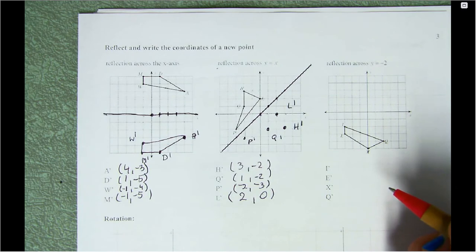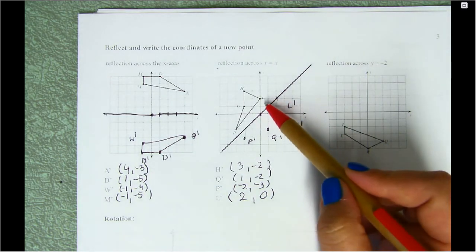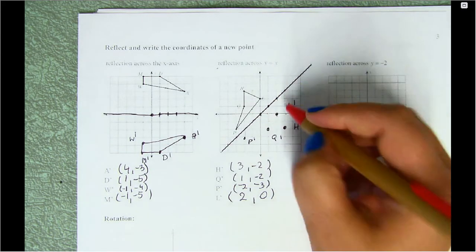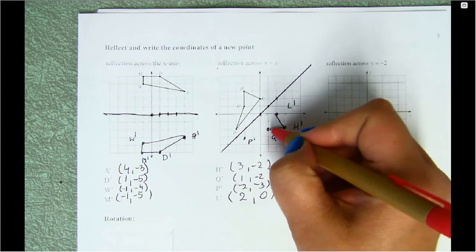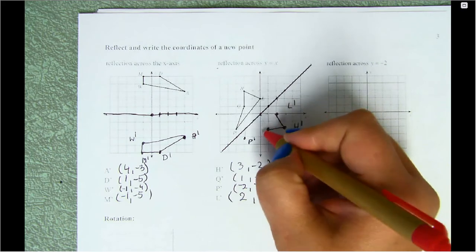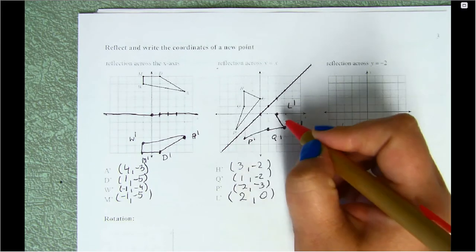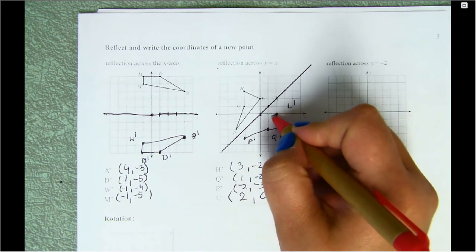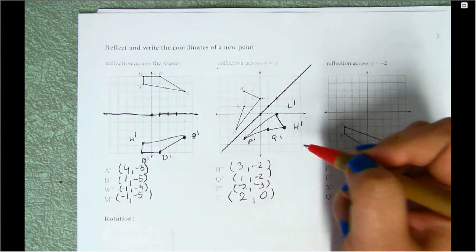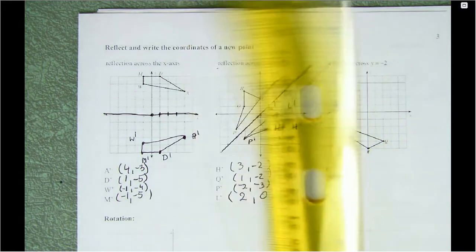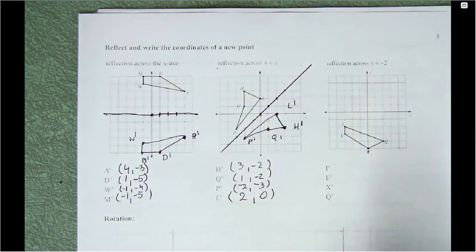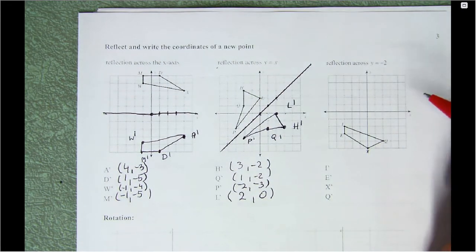How do I connect it again? Keep the order of the pre-image. L to H. H to Q. Q to P. P to L. Again, what did I forget to do? Ruler. All right. Next one.